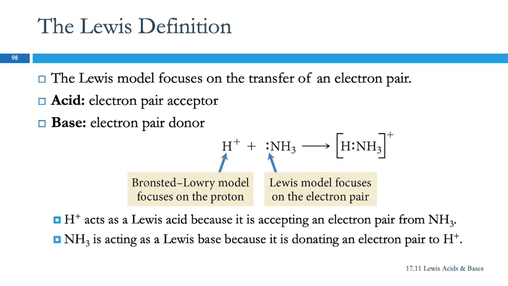And this idea is important in organic chemistry because there are acid-base reactions that we would not recognize as acid-base reactions. So here's a familiar base, ammonia, right? Ammonia accepts the hydrogen ion to form ammonium. How does it do that?